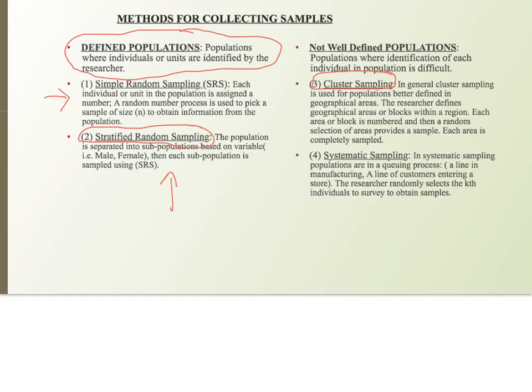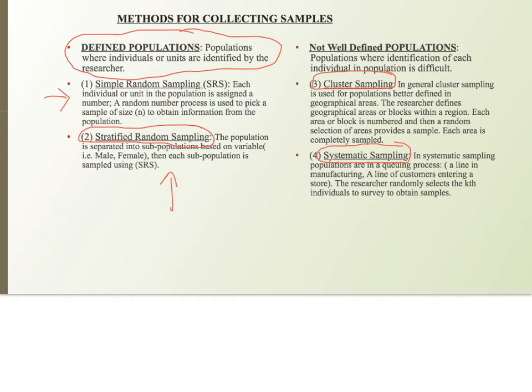So in those cases, we use something called systematic sampling. In systematic sampling, populations are in a queuing process. That means a line in manufacturing, a line of customers entering a store, right? And in this case, the researcher randomly selects the kth individual to survey to obtain samples.